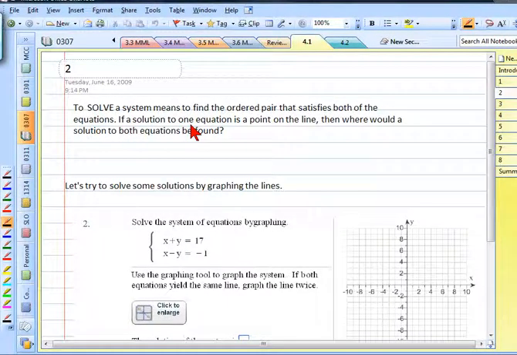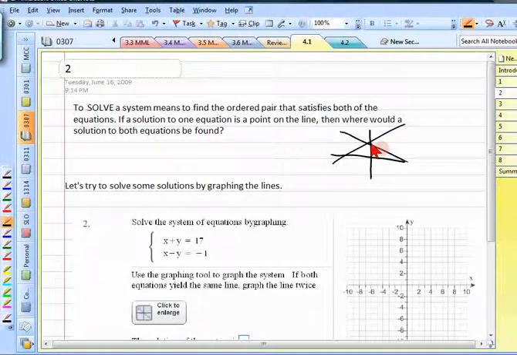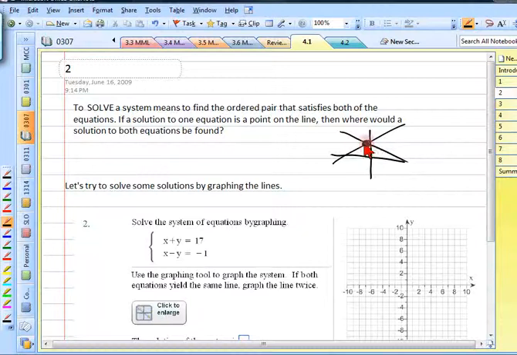They're crossing. Exactly. I'm going to be looking for scenarios where I have intersecting lines, and I'm going to be trying to find the shared point. An intersection will be a point on the first line. It will also be a point on the second line. So we're going to be looking for a point of intersection.